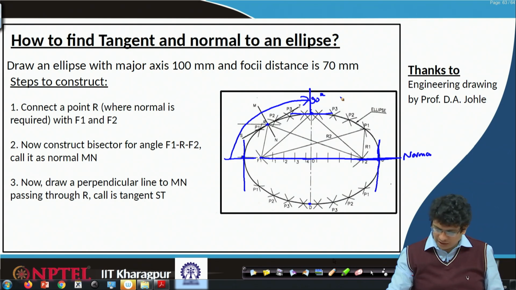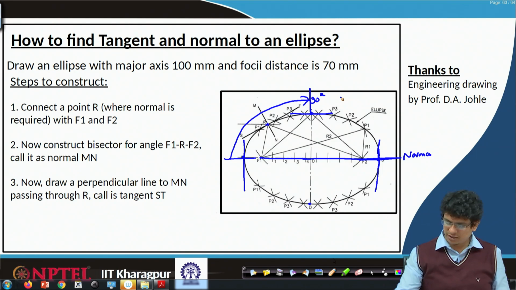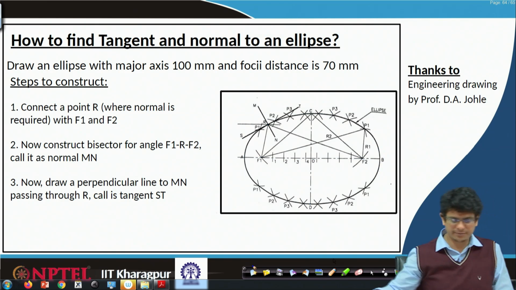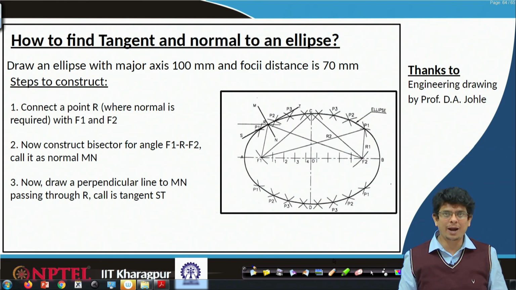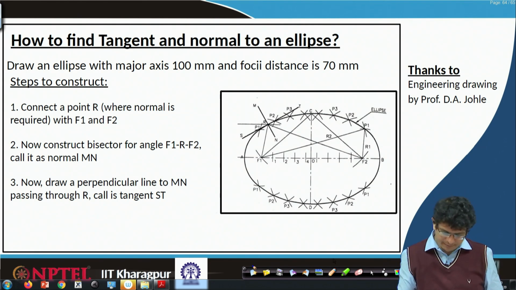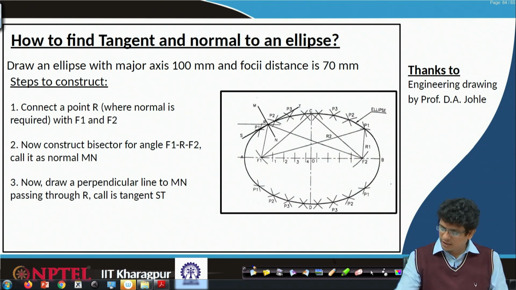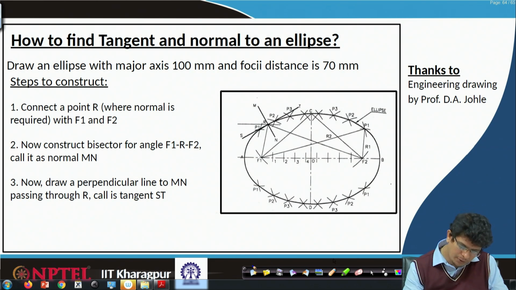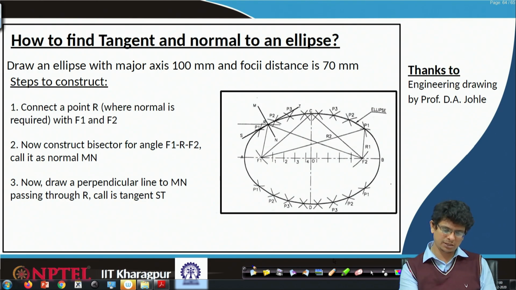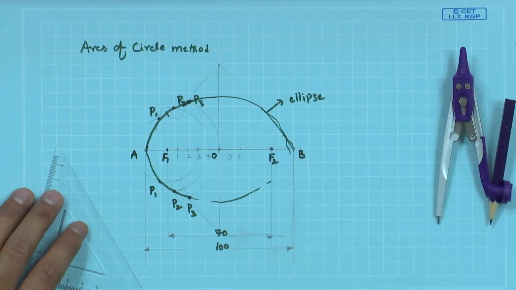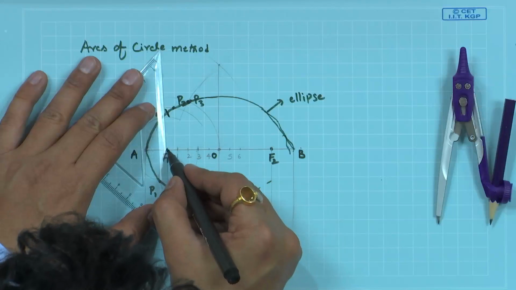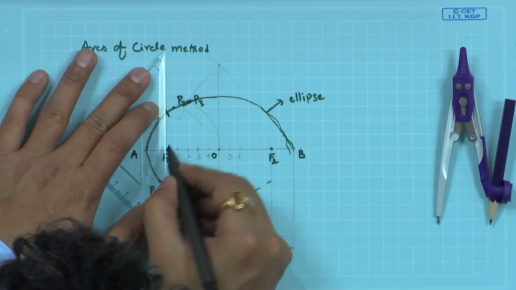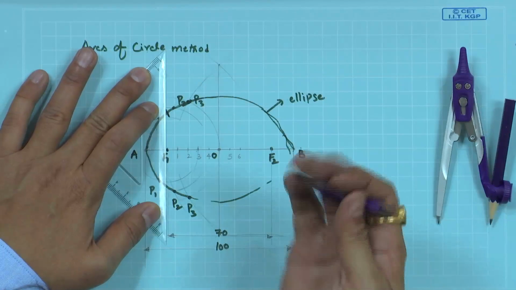So, let us construct this normal and tangent on the sheet. We have a part of the curve here on the drawing sheet. Now, let us identify a point here. Let us consider this is the point where I would like to construct the normal on the drawing sheet. Now, the procedure is to join this F1 with that point, as a construction line.